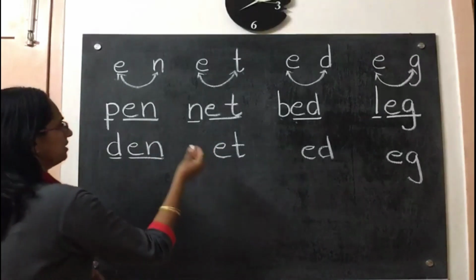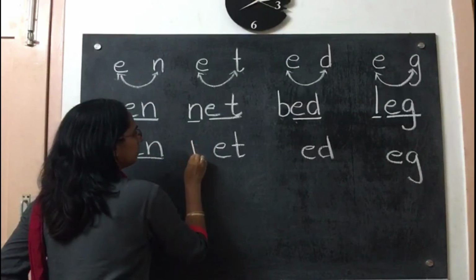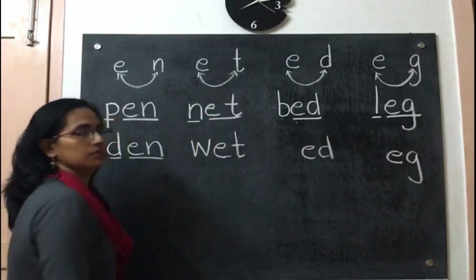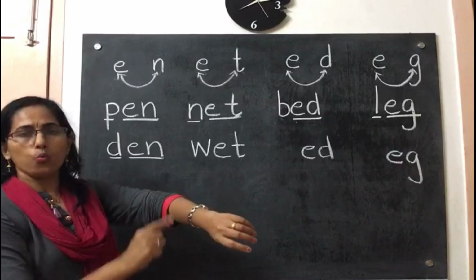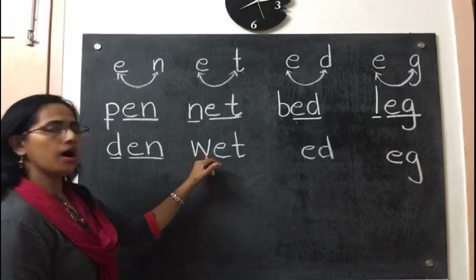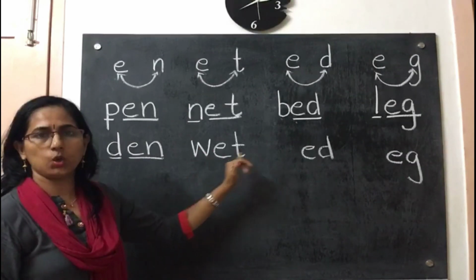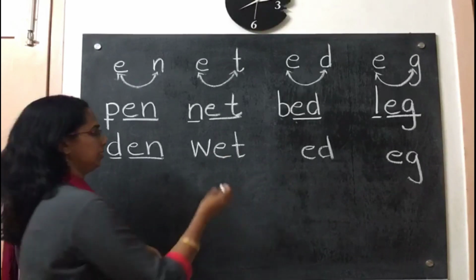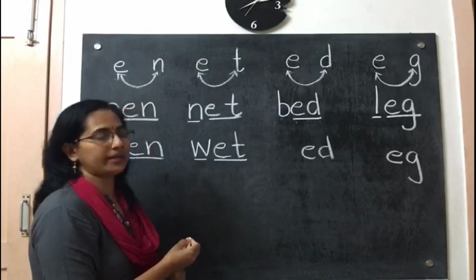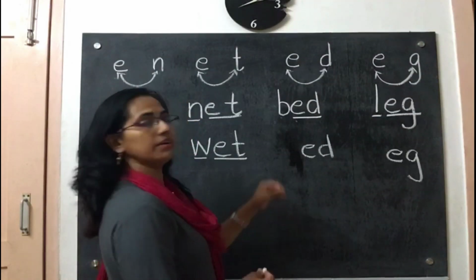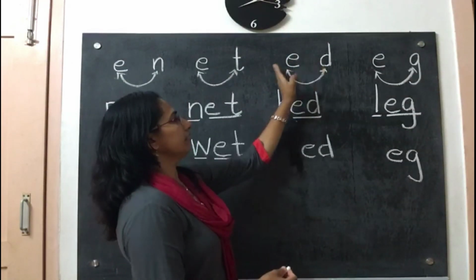Den. Yes. Now let me add letter W. The sound of W is wa. Wet. W separately and et together. Wet.